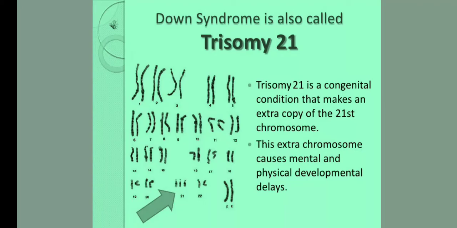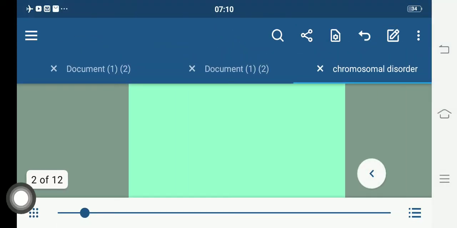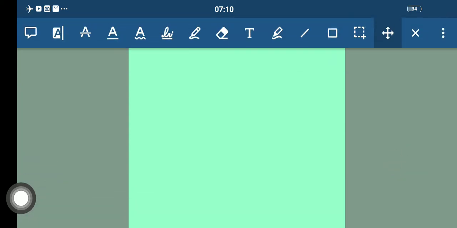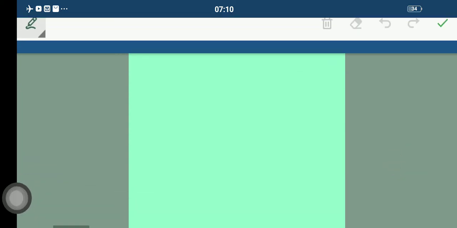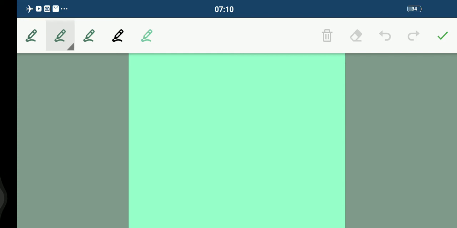Now students, we all know that the total number of chromosomes in a normal human cell is 46, that is 23 pairs.